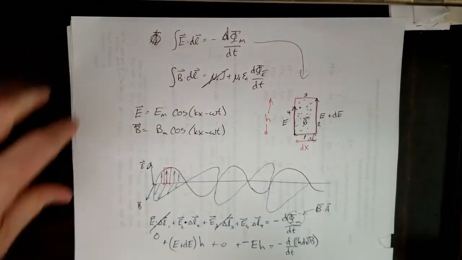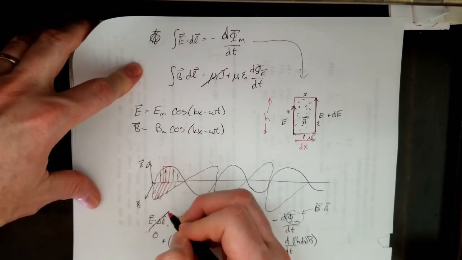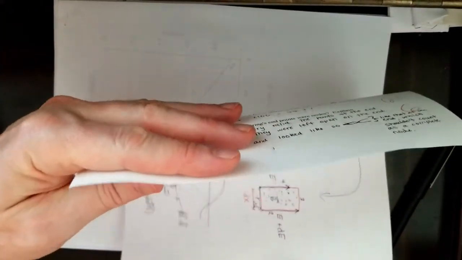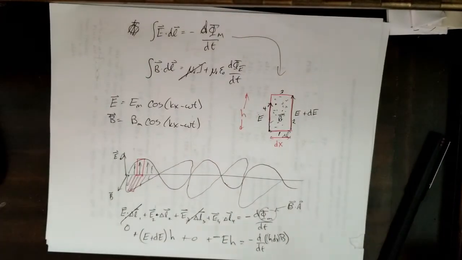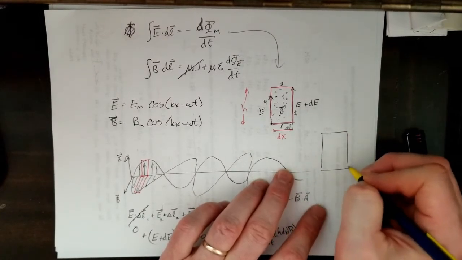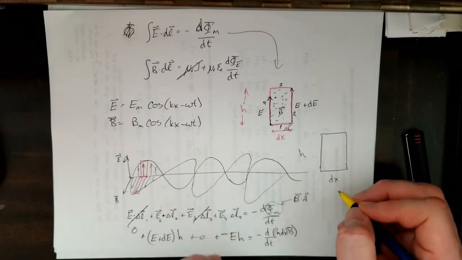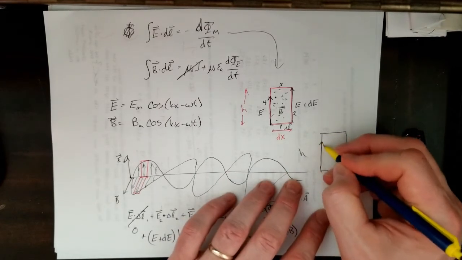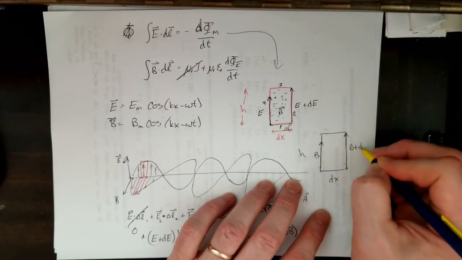Next step, going back to our original drawing, I now am going to do an Amperian loop along the magnetic field lines. So if you imagine that it is sort of my electric field and my magnetic field like that, I'm now going to look at it from this direction, sort of tilted up like that. So I'm going to basically draw my box here, length h. This is dx. My magnetic field, B plus dB.